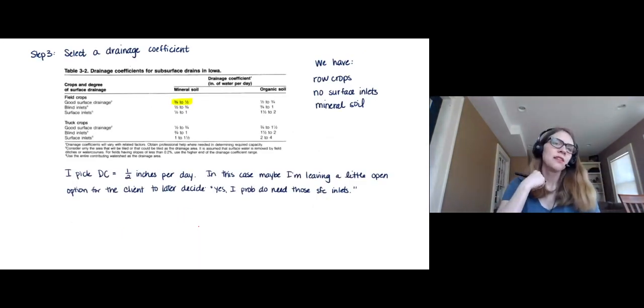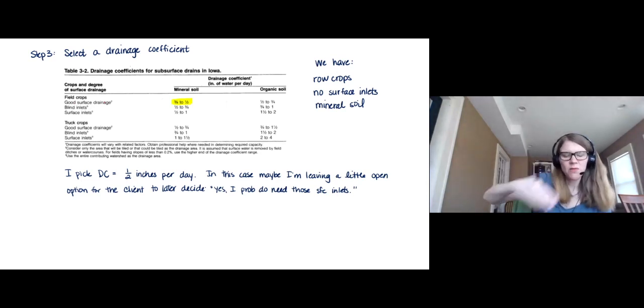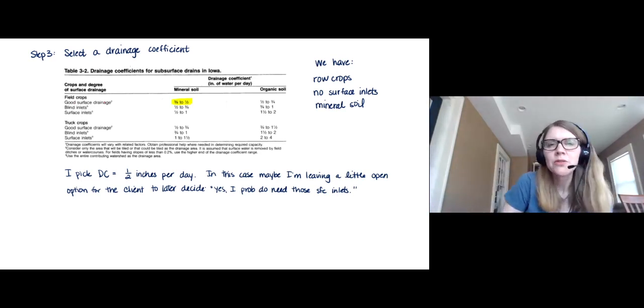Okay, so then I need to select a drainage coefficient. And I'm looking at, this is central Iowa, so we're almost certainly in field crops. We don't need any surface inlets. So we'll say that's good surface drainage. That's totally flat. Water ought to just roll right off there.